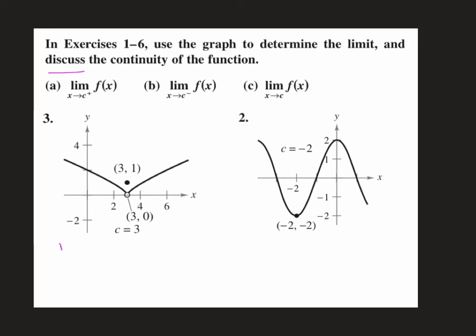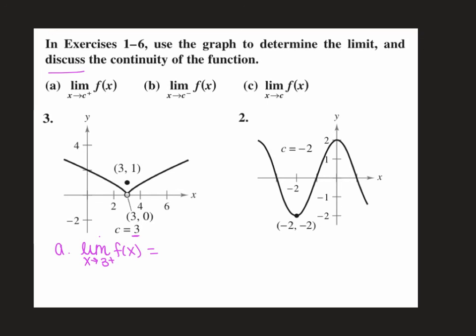So the first thing we need to figure out is our limit from the right. So we have our limit as x approaches 3, because it's our c value right here, of this function f of x from the right. So as I'm coming in from the right, I'm following my graph, and I end up at my x value of 3, and my y value, where my finger would end up, is at 0.